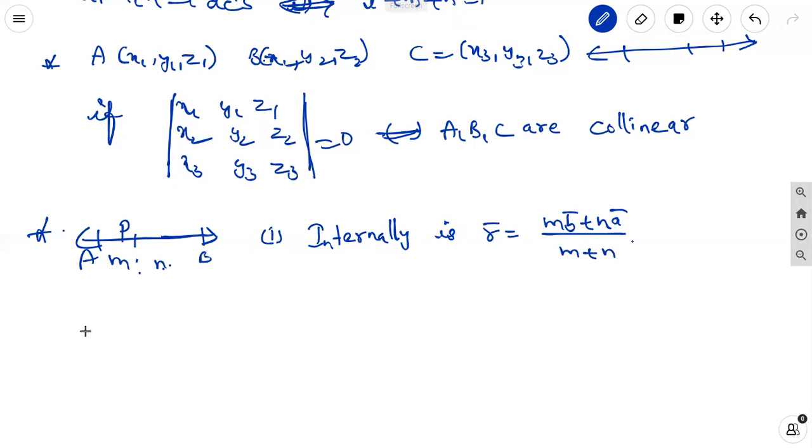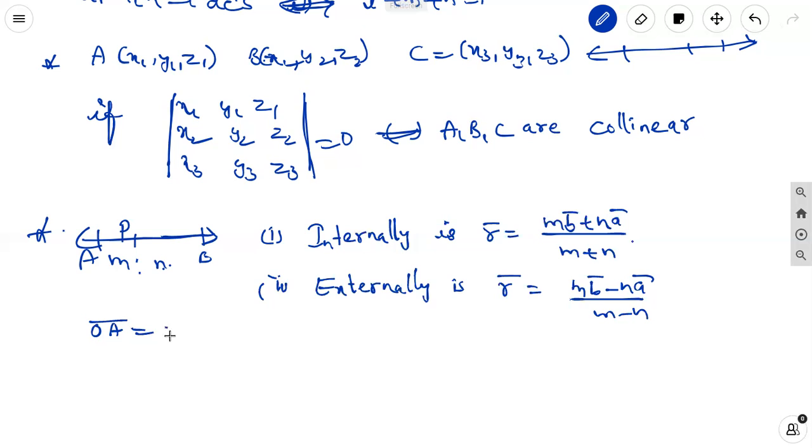If the point divides externally, then the vector is (M B vector minus N A vector) by (M minus N). Here OA vector is A vector and OB is B vector. These are important: how to find the internal point and the external point when P is the position point dividing the line AB.